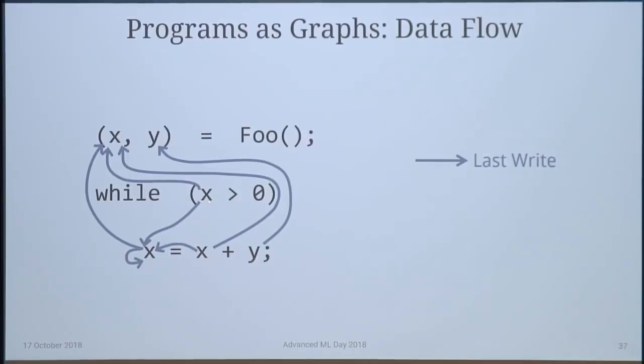Like, for instance, you can say, OK, I'm looking at this variable here right now. When was the last time it was possibly written? And if we are looking here, for instance, well, the last write is probably somewhere around either here or here. I don't know in which iteration of the loop I am right now, so I'm going to add both of these edges.